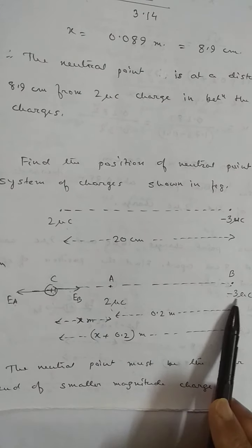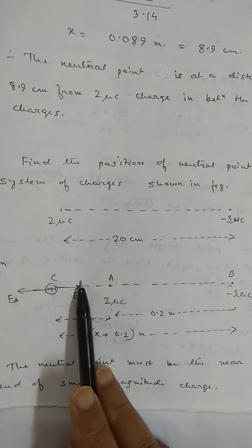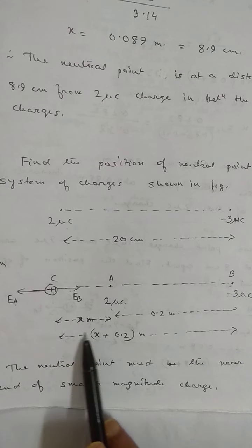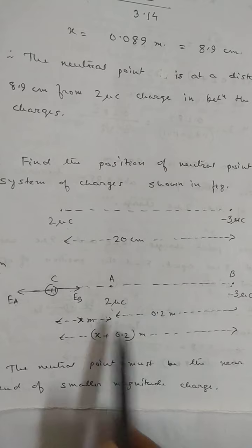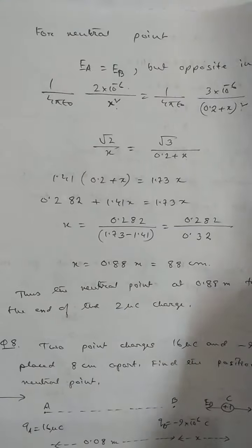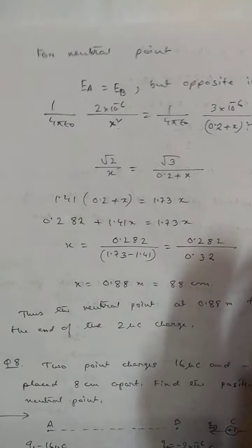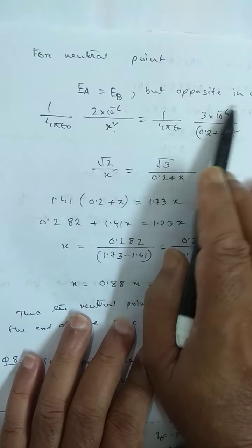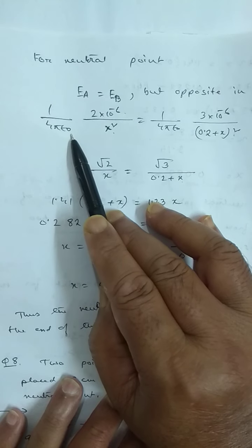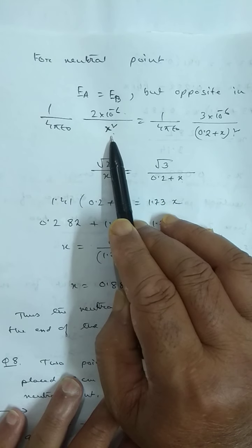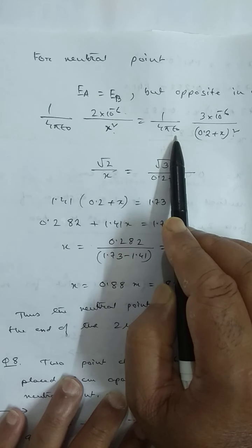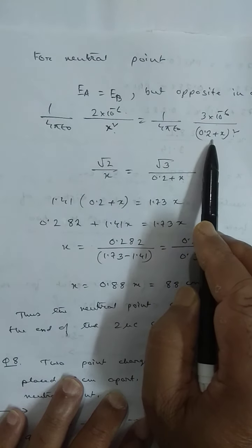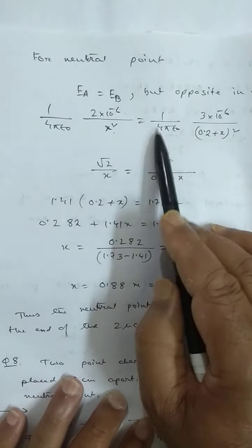For EB the distance is x plus 0.2 meter, and for EA the distance is x. Again for the neutral point, EA must equal EB and be opposite in direction. EA means 1 by 4 pi epsilon 0 times 2 microcoulomb by x square. EB means 1 by 4 pi epsilon 0 times 3 microcoulomb by 0.2 plus x whole square.